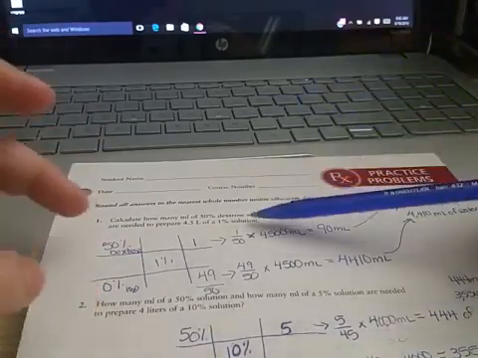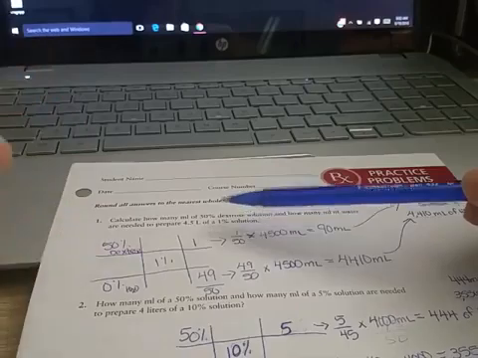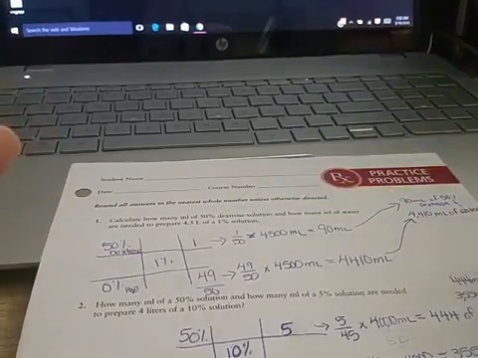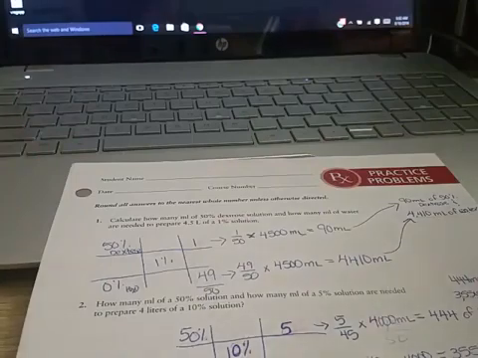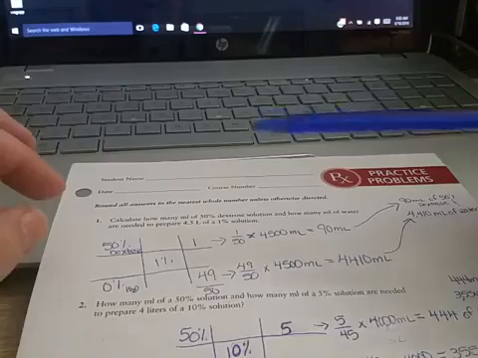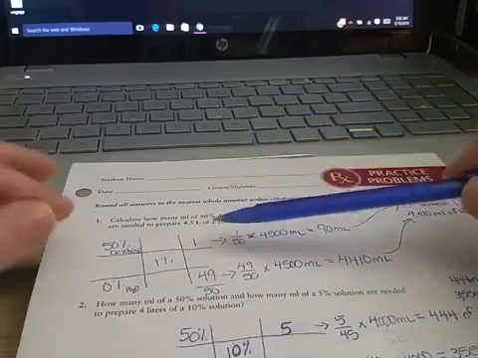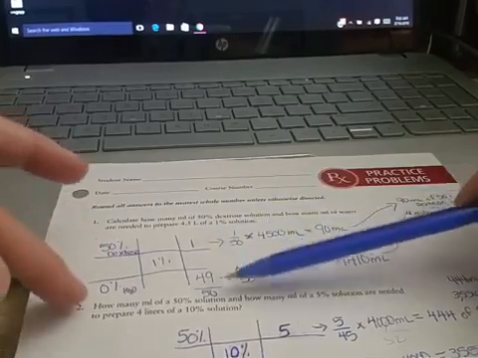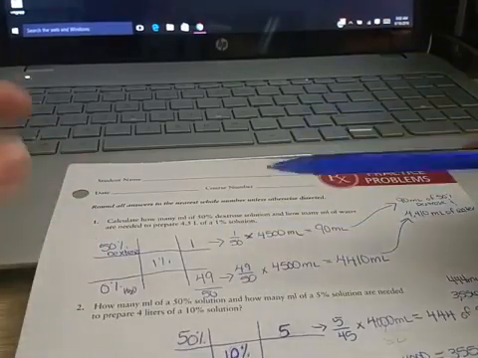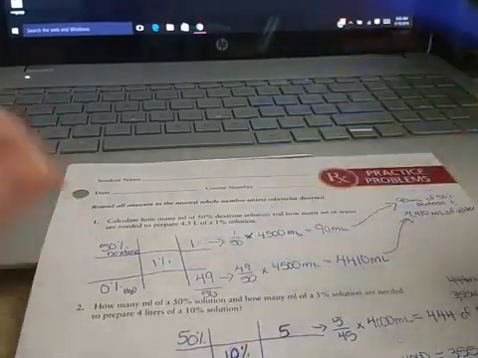Then you want to end up with 4.5 liters of a 1% solution. So then you stick your 1% in the middle because that's what your ultimate goal is. Okay? You want to mix these two pieces. You have a solution or a juice that's 50% strong, and then you have water, which is considered 0, and it's neutral.